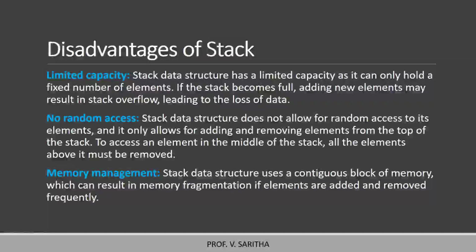In a roundabout way we can do it, that is, removing the top elements, accessing the one we want, and putting the elements back into the stack. This way we will be able to do it. But in those kinds of applications, stack is not the correct data structure to use. As random access is not there, it is a disadvantage of the stack.